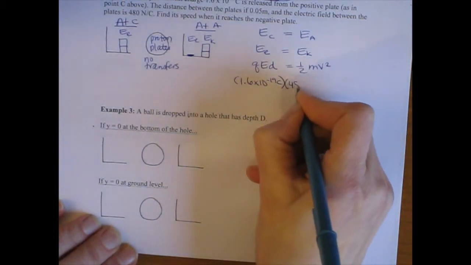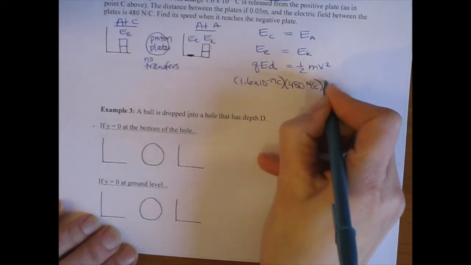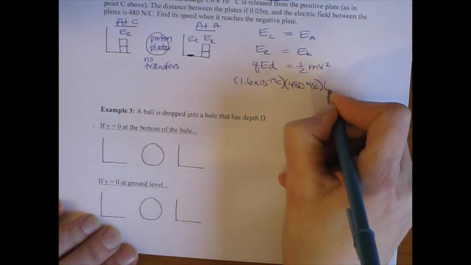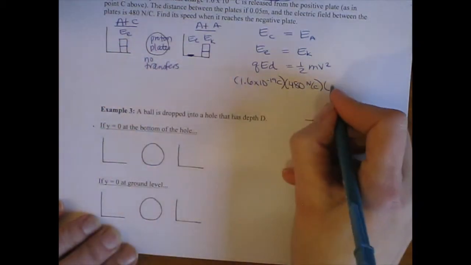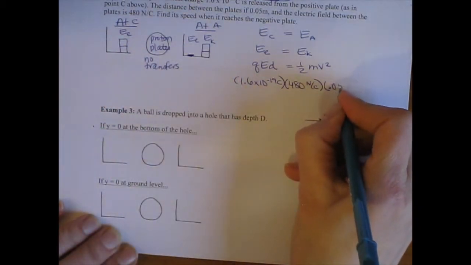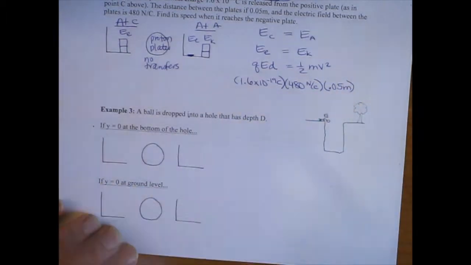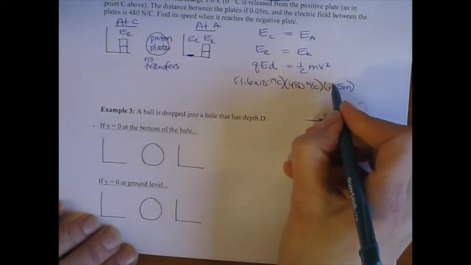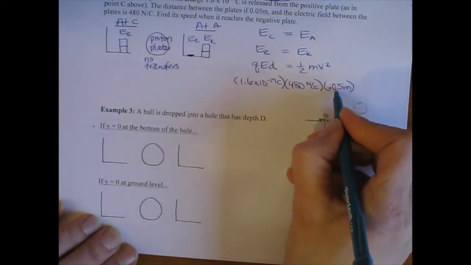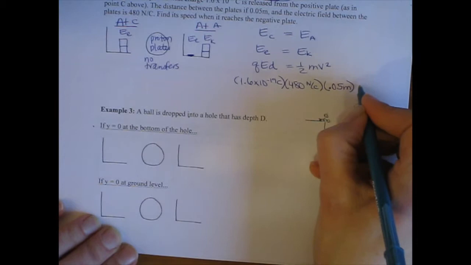The electric field is 480. And the position at C is 0.05 meters. Remember that the position is measured from the negative plate. So if the distance between the plates is 0.05, then the position at the positive plate is 0.05 meters.